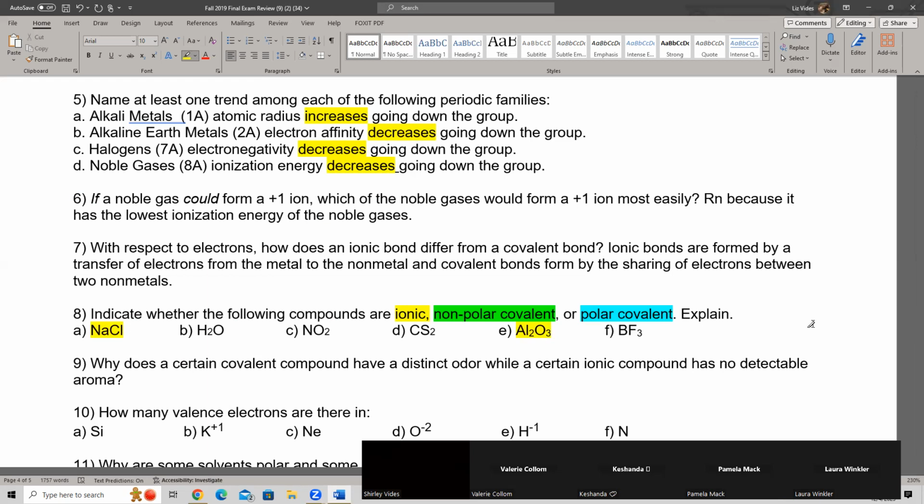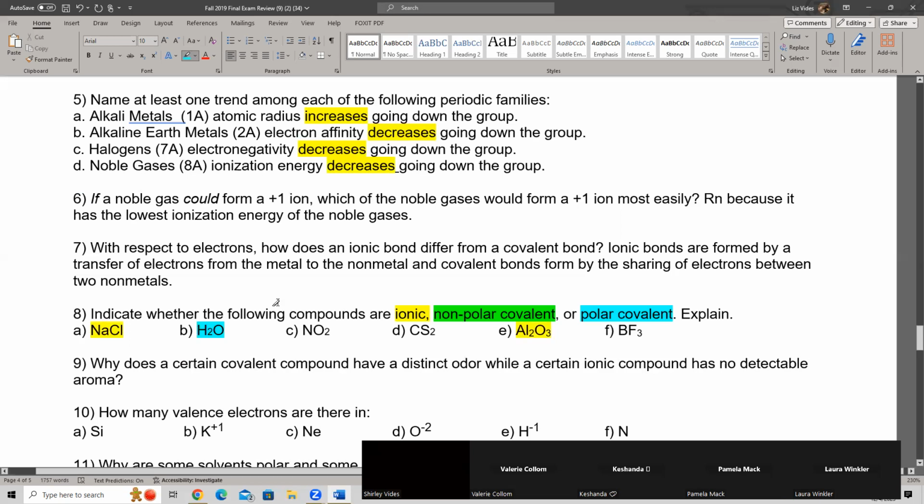All right. Now, for the other ones, they're a little more difficult. H2O is always polar, correct? Yes, we know that, but we know that because we know that. But we actually need to look at the Lewis structures and see if we have any lone pairs around the central atom of each one.